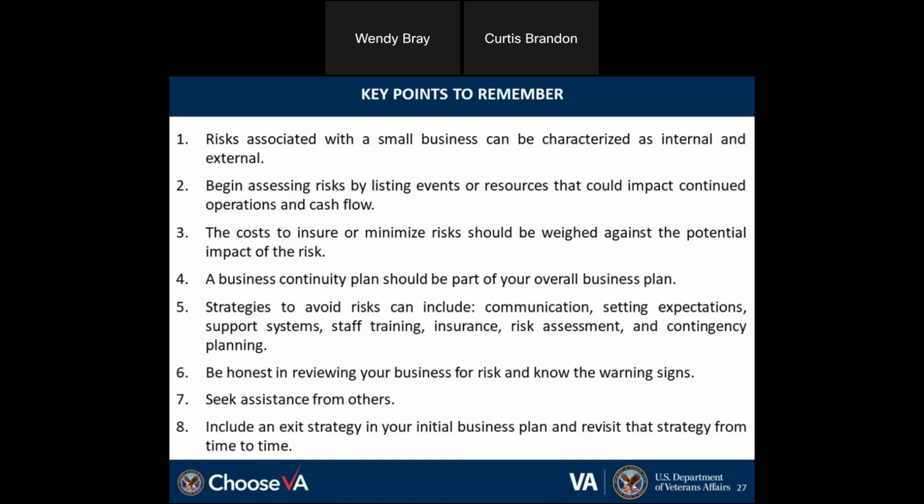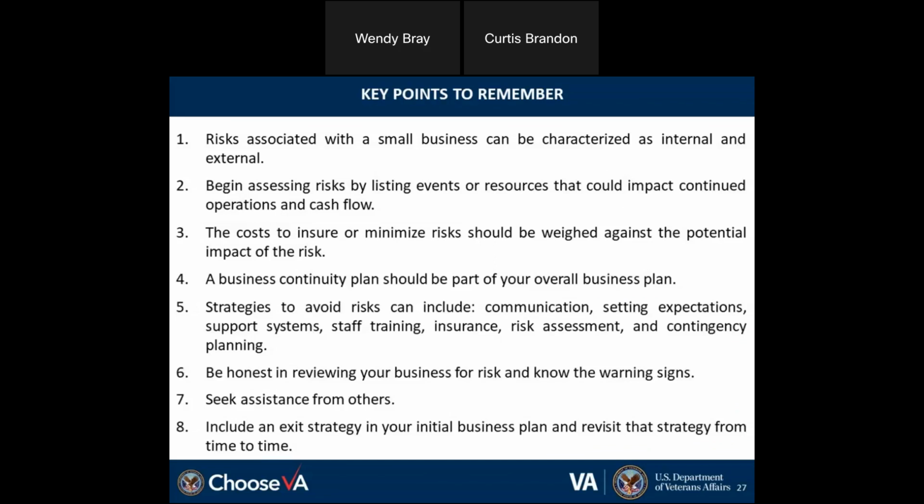So for your resources, here are some key points to remember. I included 8 of them. I'm not going to read all 8, but number one, risks associated with a small business can be characterized as internal and external risks. That's the bonus that I included. Number 4, a business continuity plan should be a part of your overall business plan.